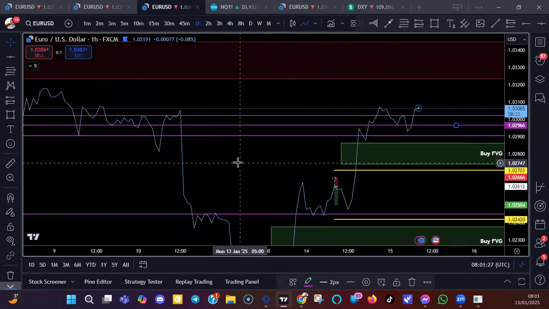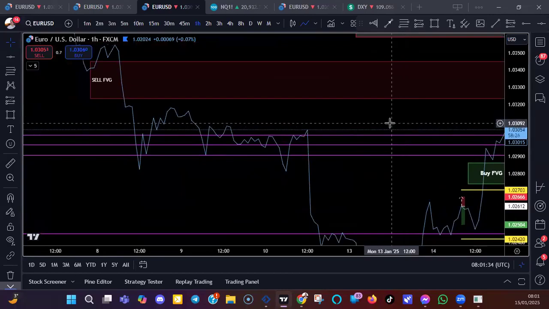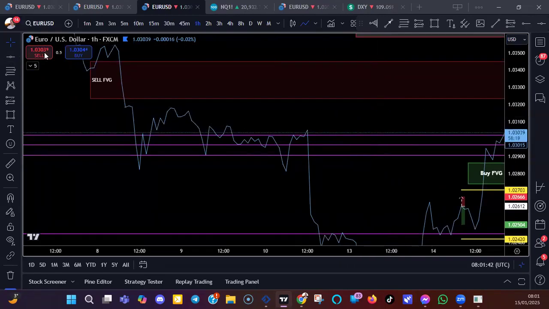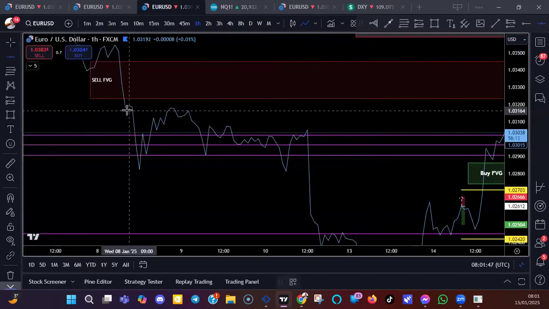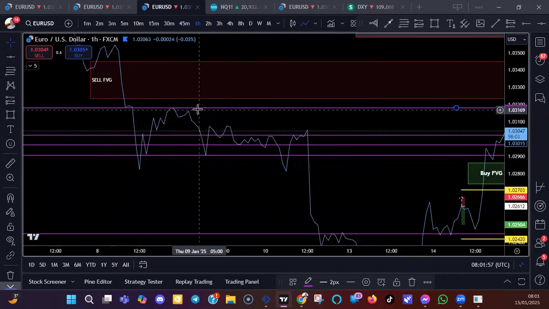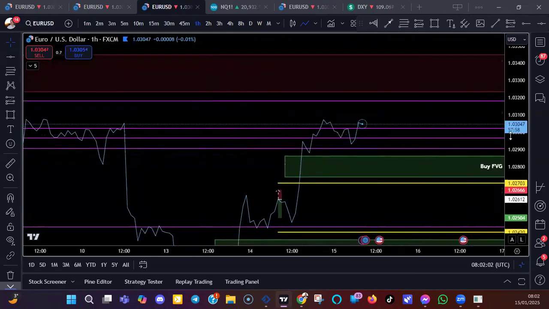So that area there, all around the key zone area. And this area up here is an area worth note because it stayed around here for a long time, for an hour. Then it was there again. So that area there needs to be respected.